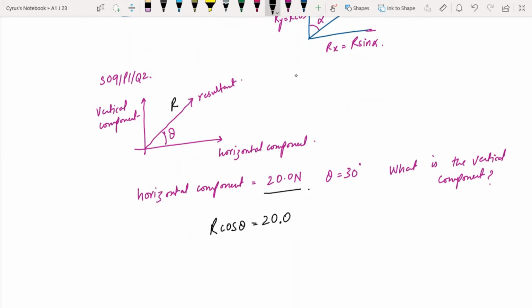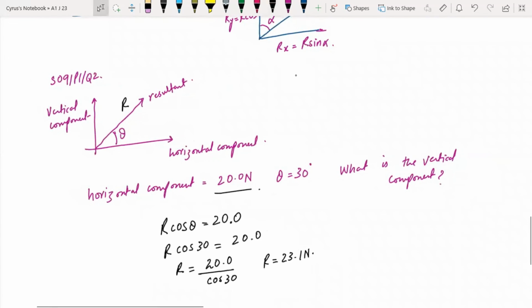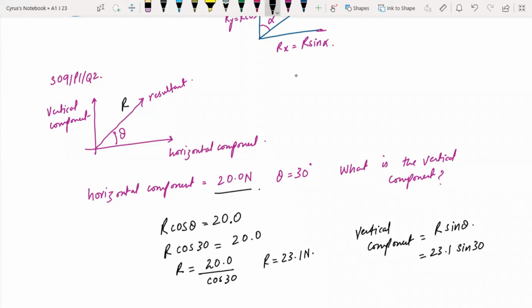Now I can find the value of R using this. Cosine of 30 आ जाएगा यहाँ पे is equal to 20.0. So R is 20.0 over cosine of 30. Now I have the value of R. I can find the vertical component. That is going to be R sine of theta. R is 23.1 sine of 30. Can you tell me the answer? This is 11.5.